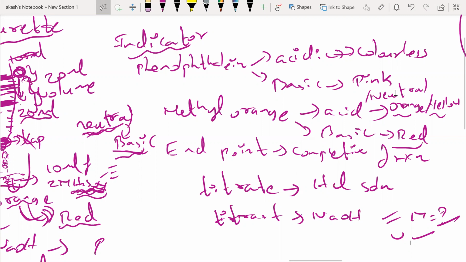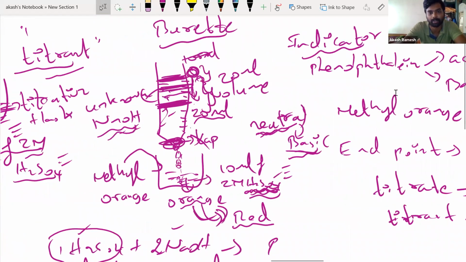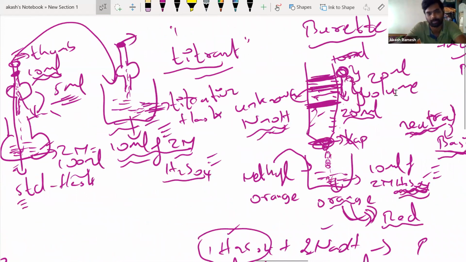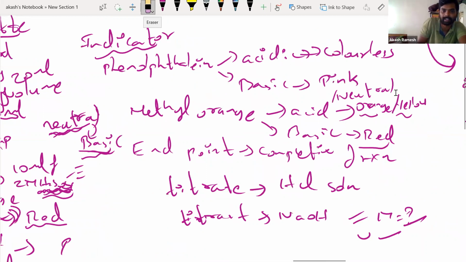So HCl will go into burette and NaOH will go into the standard flask. Think about it and tell me properly. NaOH concentration, I don't know. That's the titrant, right? Oh, actually, I'm doing it the wrong way around. Yeah, actually, I'm sorry. What you said was correct. My bad, what you said was absolutely right. So actually I want to change this.